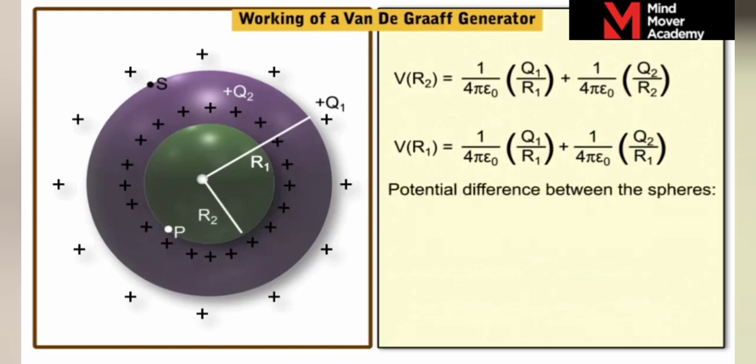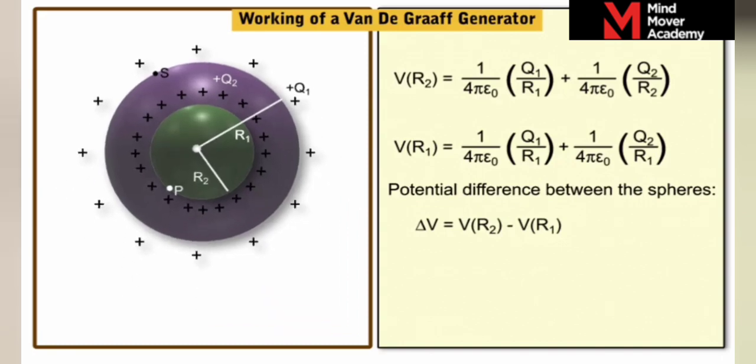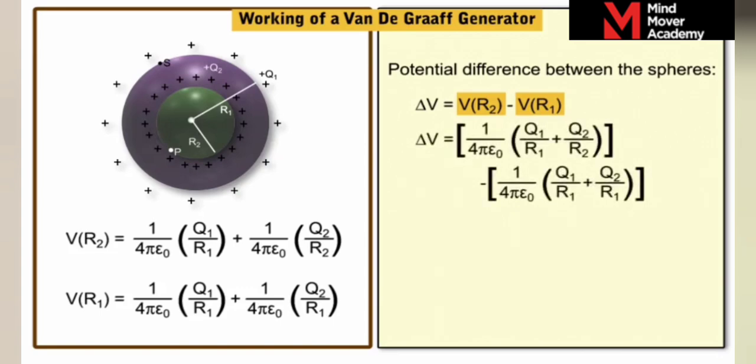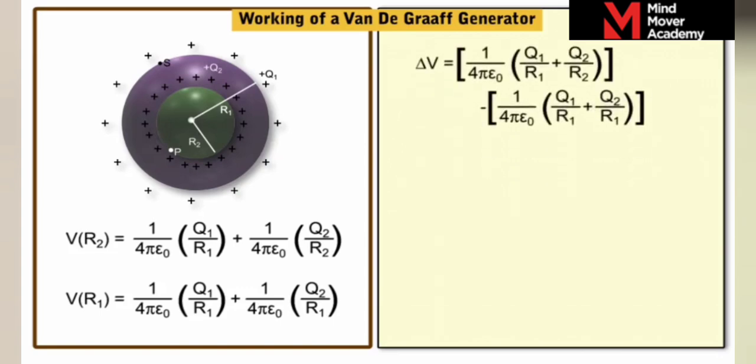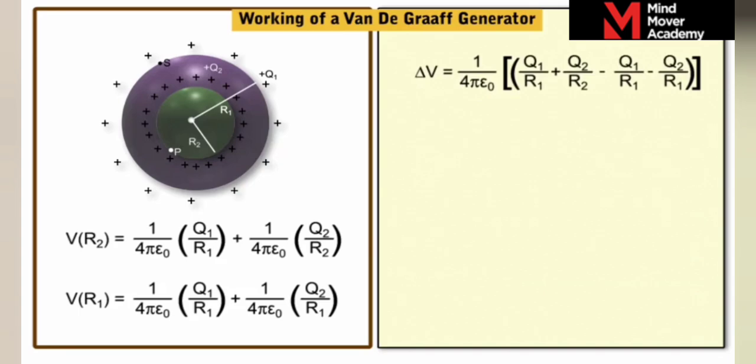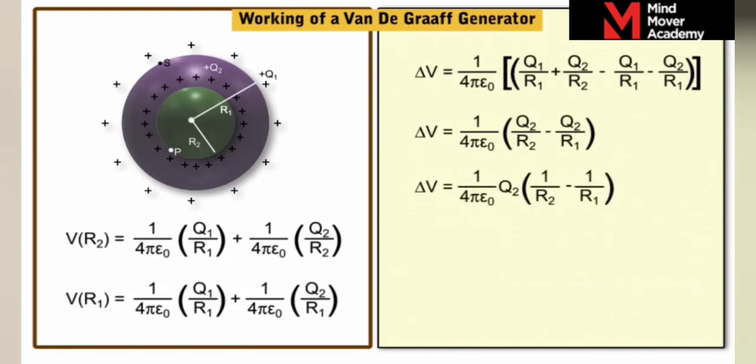The potential difference between the inner and outer spheres is delta V equal to V(R2) minus V(R1). Substituting the values of V(R2) and V(R1) in the expression for delta V and simplifying, we get delta V is equal to 1 by 4 pi epsilon naught Q2 into 1 by R2 minus 1 by R1.